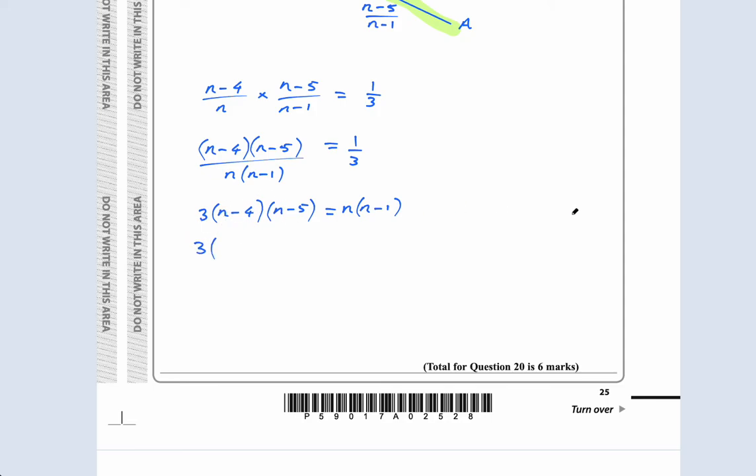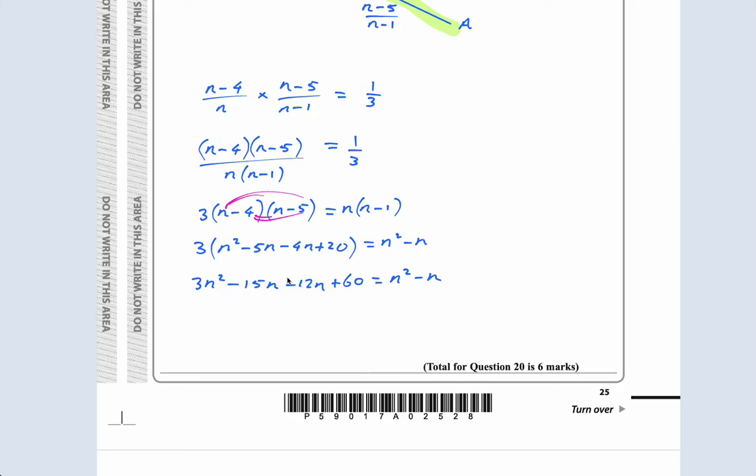N squared, this times this, this times this, this times this, this times this: n squared minus 5n minus 4n plus 20. That equals n times n, which is n squared, minus n. Multiply out by 3: 3n squared minus 15n minus 12n plus 60 equals n squared minus n.